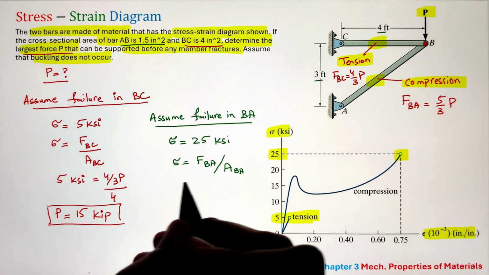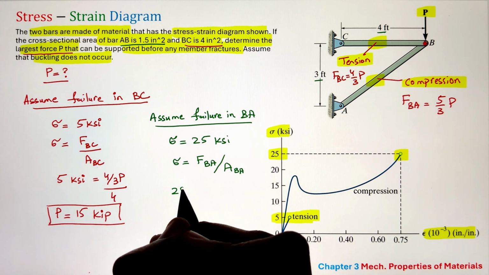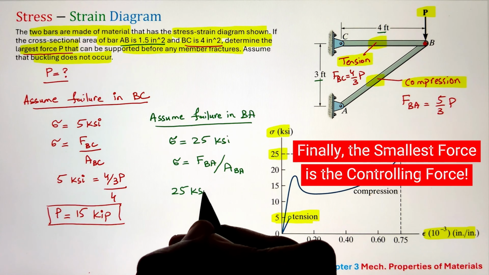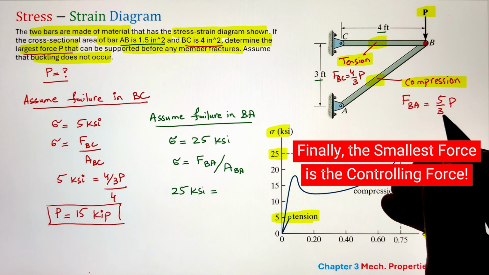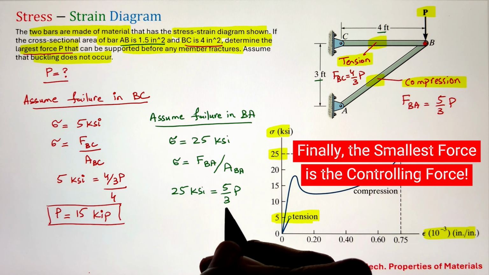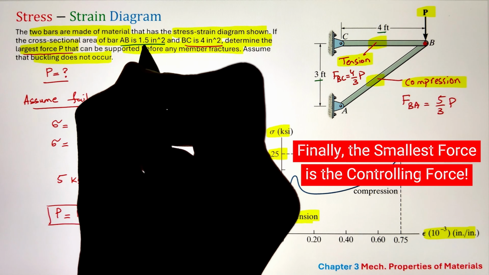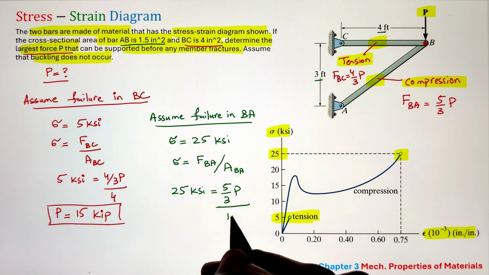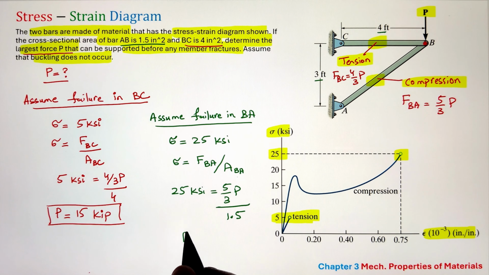Here we have 25 equals 5 over 3 P, the internal force in member BA, divided by the cross-sectional area given, 1.5 in squared. Simplifying, we get the force is 22.5 kip.